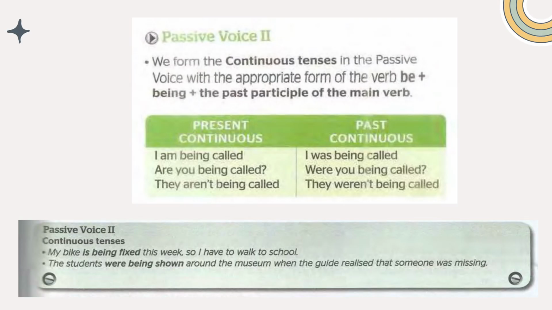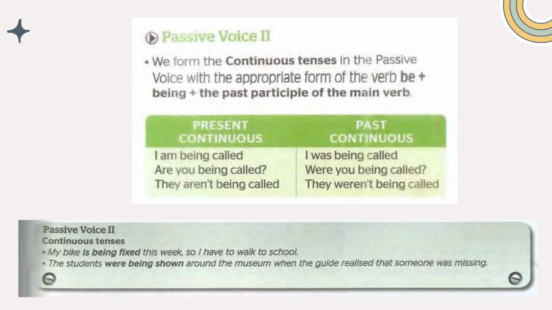Next, this is the passive voice with continuous tenses. We form the continuous tenses in the passive voice with the appropriate form of the verb be plus being plus the past participle of the main verb. For the present continuous: I am being called. Are you being called?